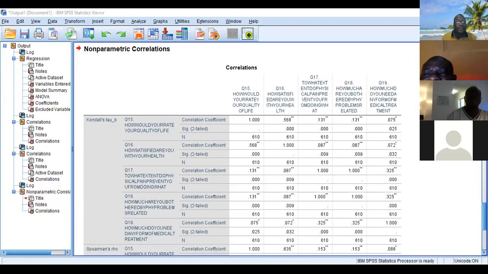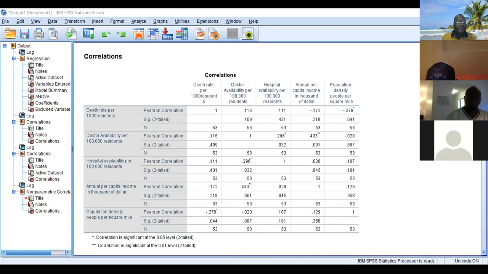Can you see the result now? Can you see the results? Nobody is answering. Can we see the results? Oh my God, the network has gone. Which network are you using? Okay.